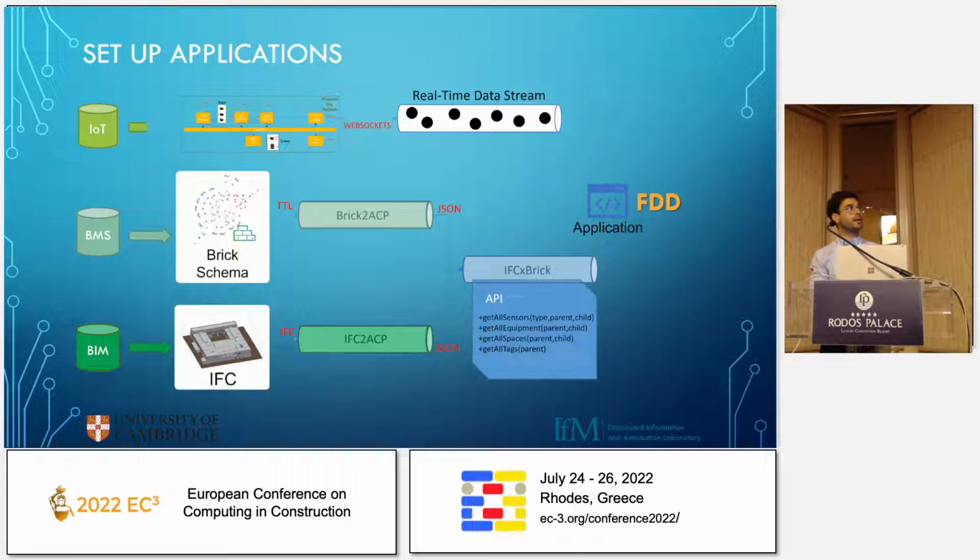Now, to complement all the sensors attached to this system, we have an IoT deployment to monitor the different spaces. And with that IoT deployment, we had this real-time data stream into the FDD application. So every single data reading from the sensors could be tagged with the appropriate geometric and system information before reaching the application.